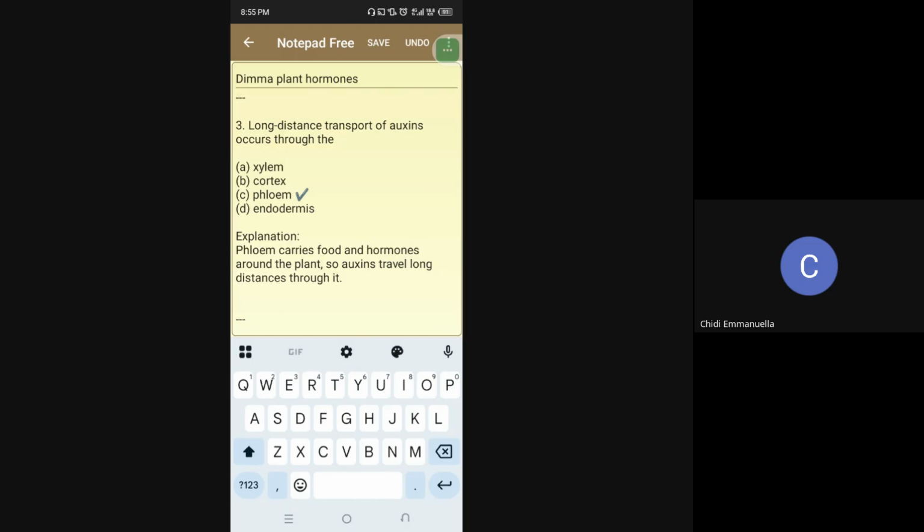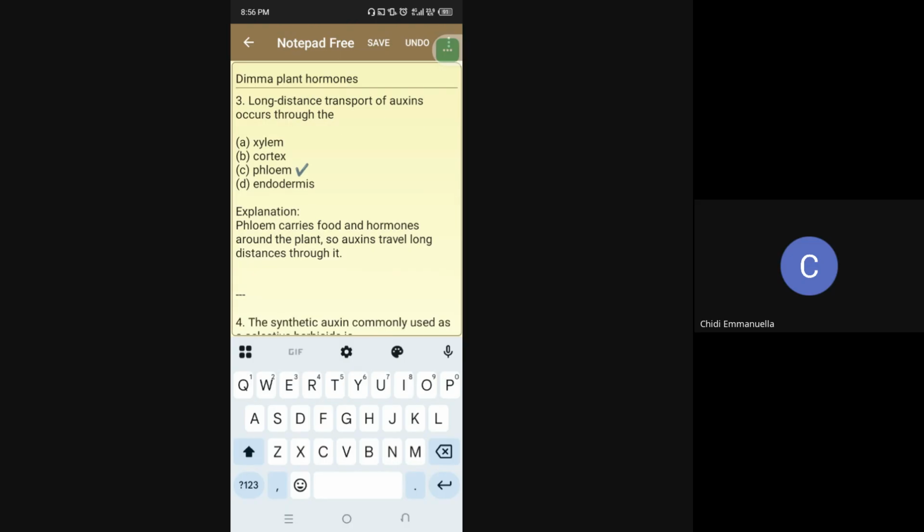The answer is diffusion. Short distance is diffusion. I told you, that's the beginning of the note. So long distance is by phloem. Phloem carries food and hormones around the plant, so auxins travel long distances through it.